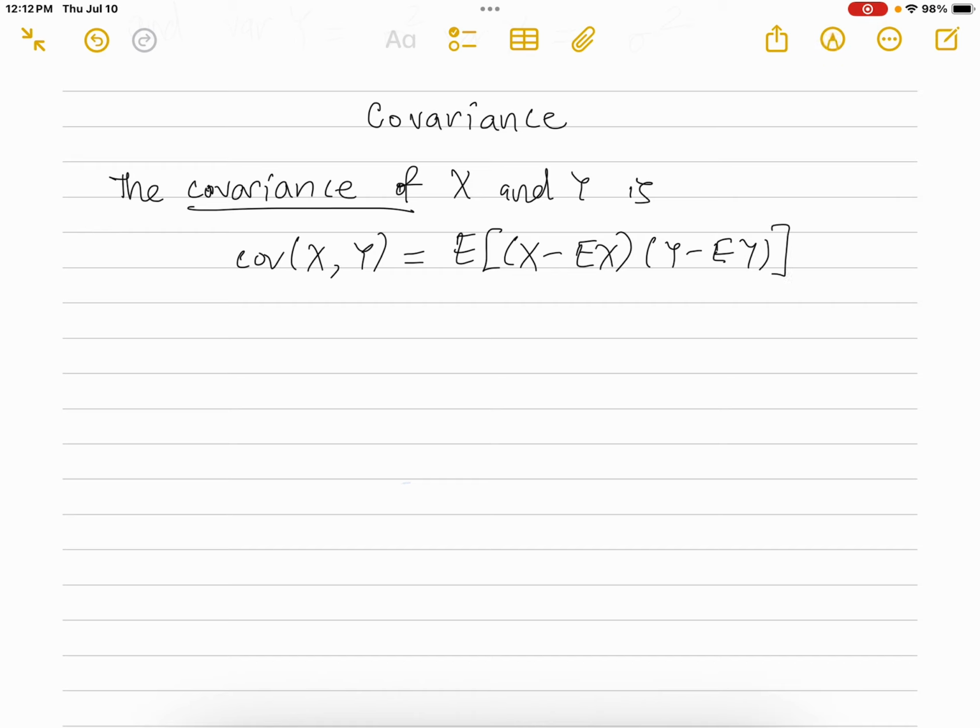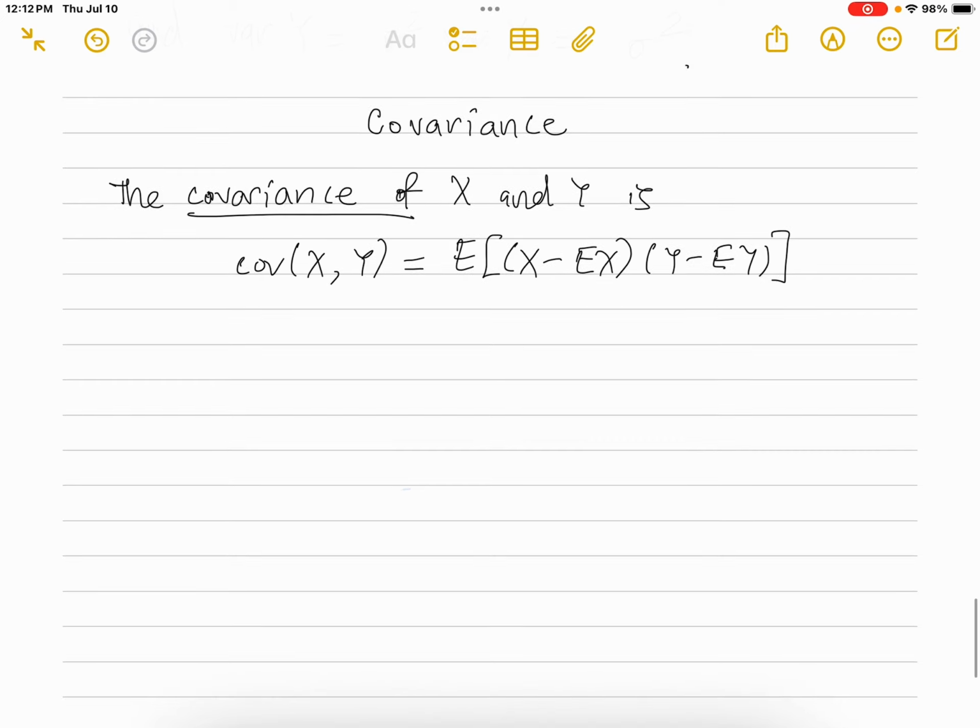So in other words, what we do is we take x and y, which might have means zero or non-zero, we subtract the means, and then we get these two new random variables. Let's call this u and let's call this v. So these are normalized to mean zero, and then we take the expectation of the product.